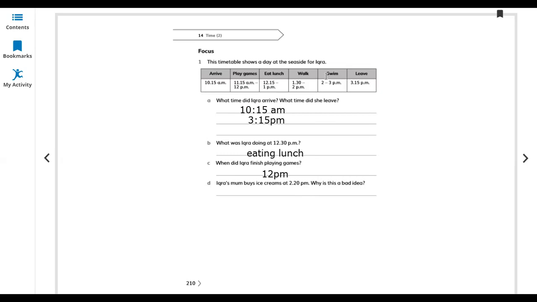At 2:20 p.m. because she was swimming. From 2 to 3 she was swimming. So that's why.